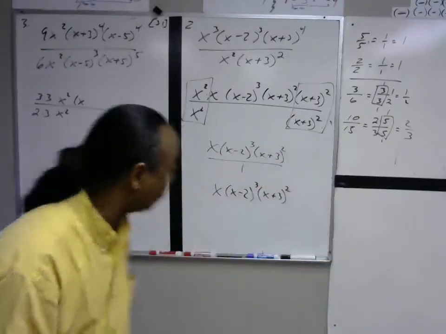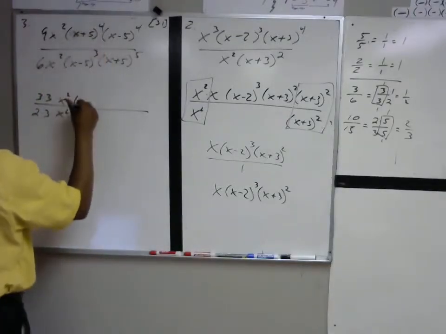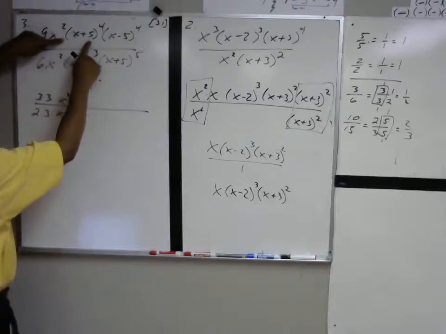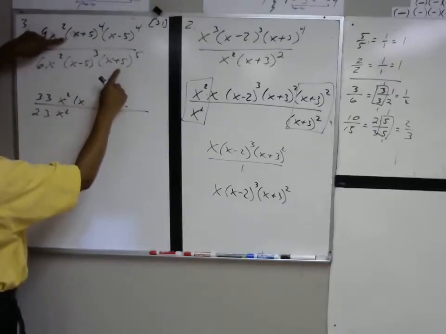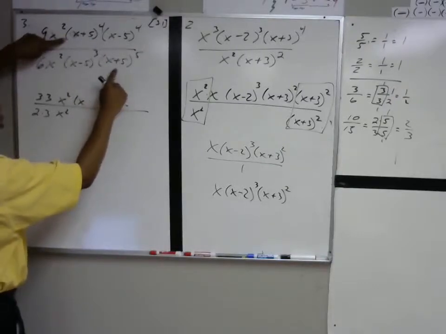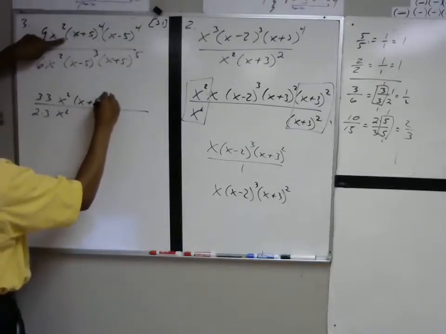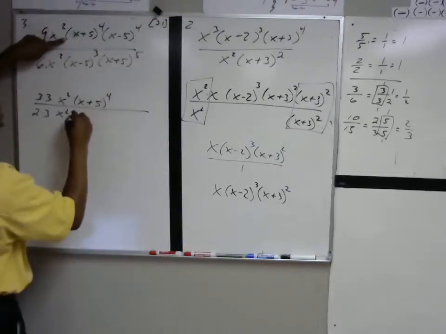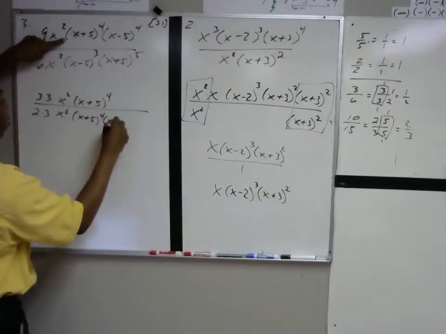Oh, it's x plus 5. Okay, sorry. It's x plus 5. So the x plus 5 here and the x plus 5 there. We'll have 4 of them here and 5 of them there. So I'm going to create this into x plus 5 to the 4th power. So x plus 5 to the 4th here. And this right here is written as x plus 5 to the 4th power times x plus 5.